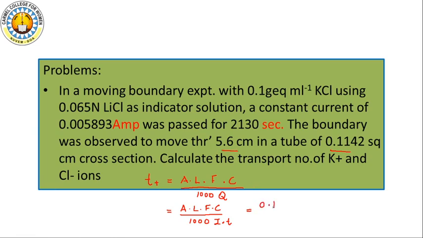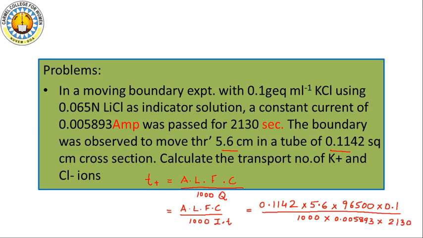Area of cross section 0.1142 into length of the tube is 5.6 into F is 96,500 coulombs into concentration is 0.1. Divide the full thing by 1000 into I. I is the current, that is in amperes, 0.005893 into time, it's 2130.